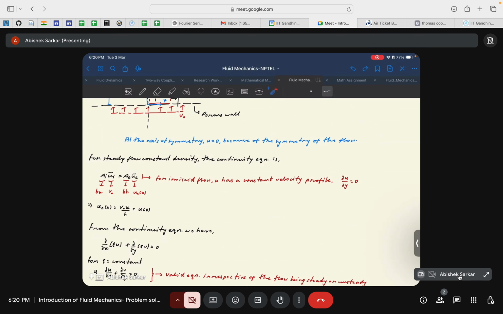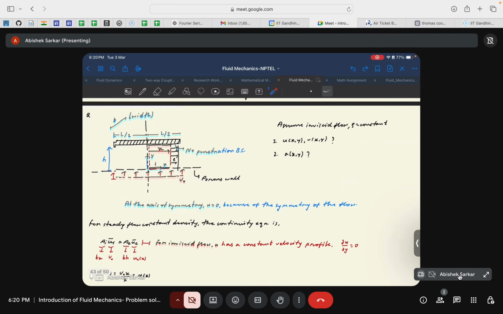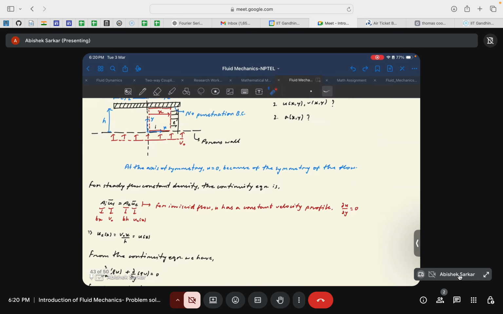Since we are dealing with velocities, you will eventually see that when we solve problems using the Reynolds transport theorem, or the differential form, or the integral form of the governing equations, when there is a problem related to finding velocity and acceleration, of course, if you find velocity, you will eventually get the acceleration, but if you are concerned with finding the velocity components, the equation of interest becomes the continuity equation.